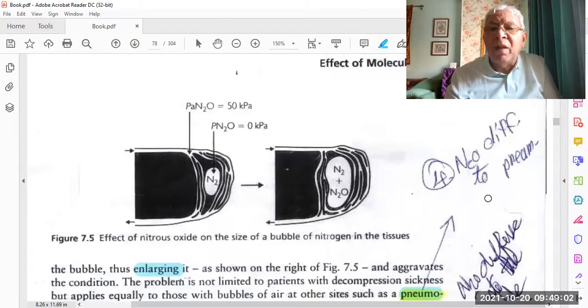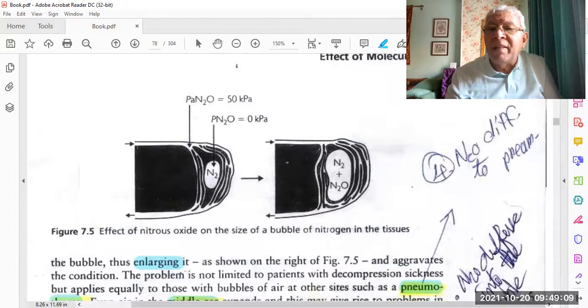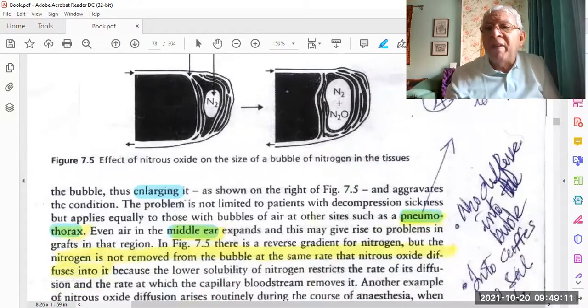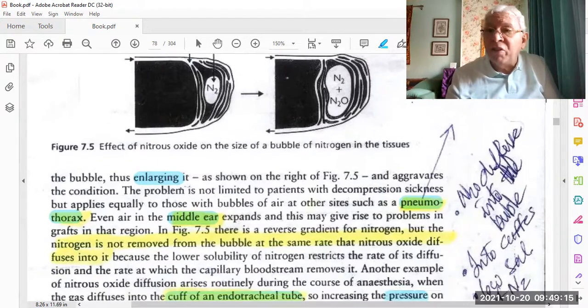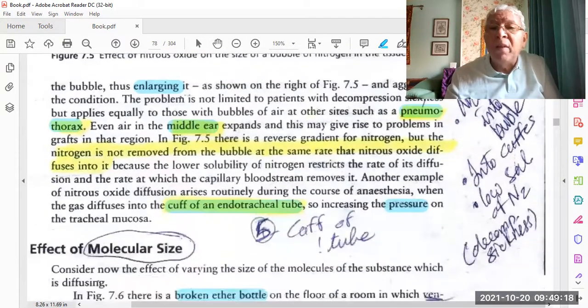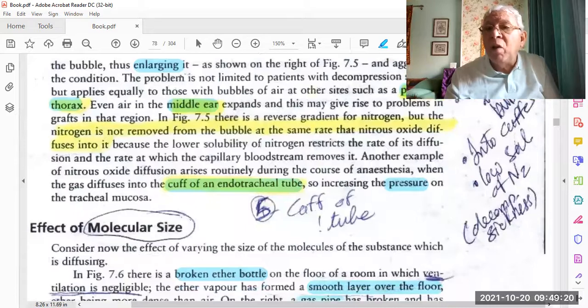And this also denotes how nitrous oxide diffuses into cavities, increasing the cavity's size. Of course, if you have a solitary cyst and so forth, or in middle ear surgery, it will increase the tension. All this is based on diffusion or the rate of diffusion.